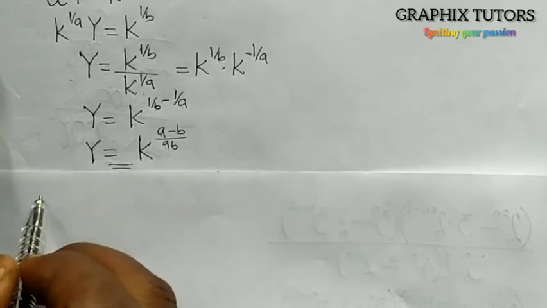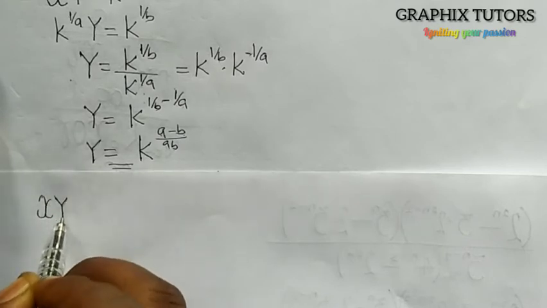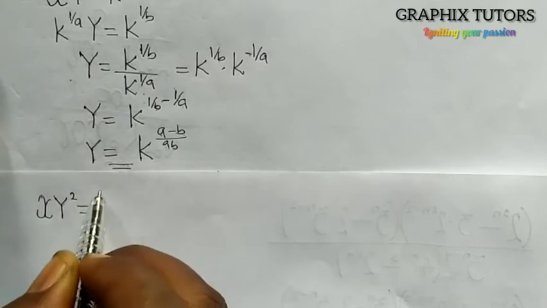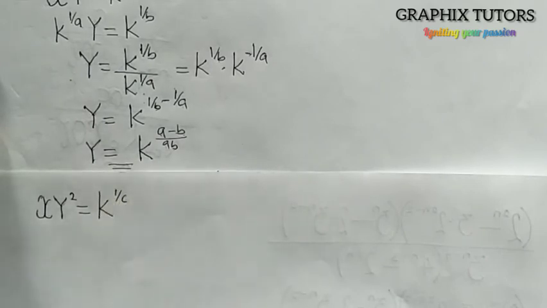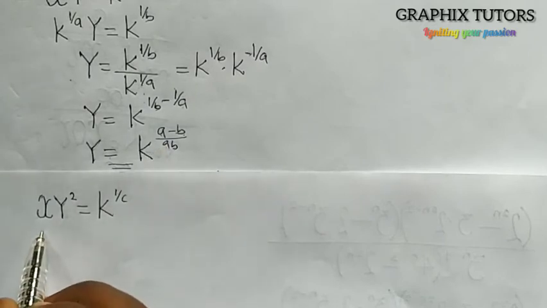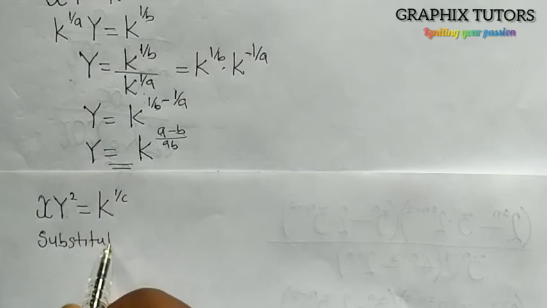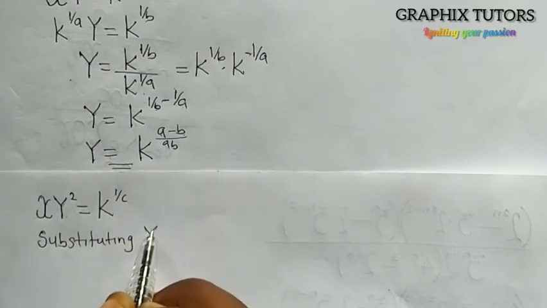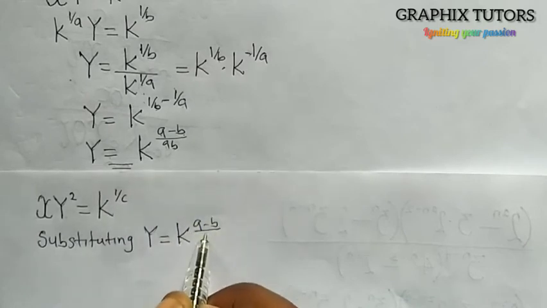So we have x y square is equal to k to the power of 1 over c. Now when you put your y, anywhere you see y, you put this guy here. So we'll now be substituting our y, y equals k to the power of a minus b over ab.